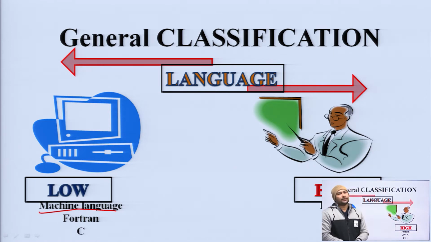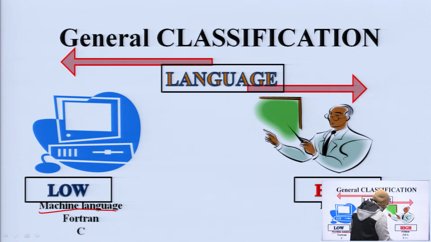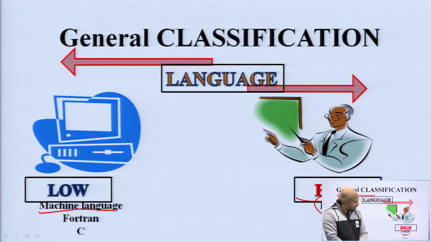The next one is the high level language. Generally, it is for us. In a high level language, it is very convenient for the user to understand, just like when we talk in English, which is very familiar to us. So we can easily understand it, but with respect to the computers, it is very high. That is why it is referred to as a high level language, and Python is considered one of them. Another example is JavaScript.